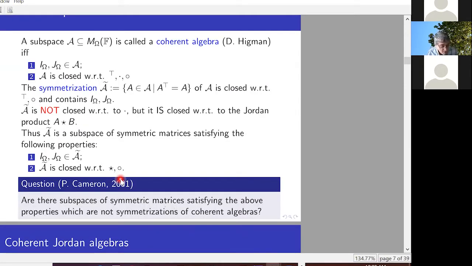So are there subspaces of symmetric matrices which satisfy the above properties, but which are not symmetrization of coherent algebras? Now, the original question was formulated for Jordan schemes and association schemes, and I will give an exact formulation of this question later.